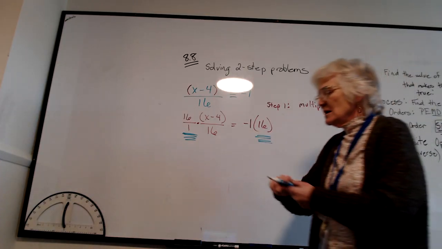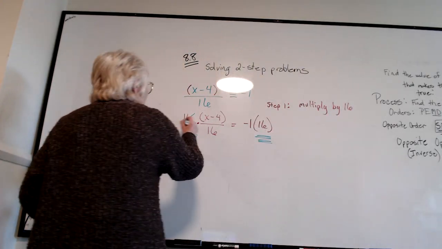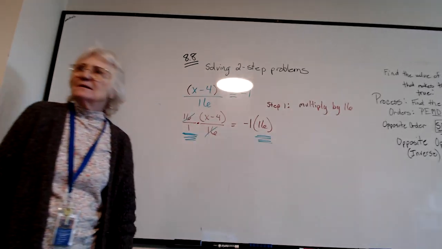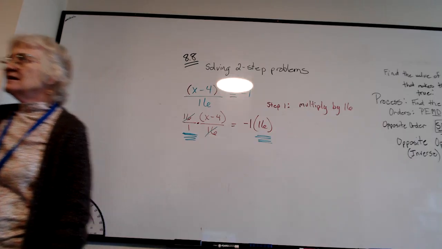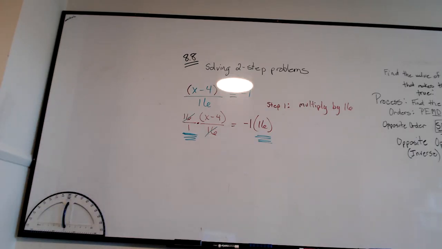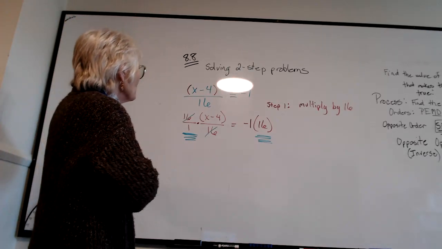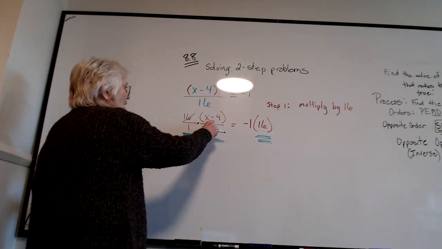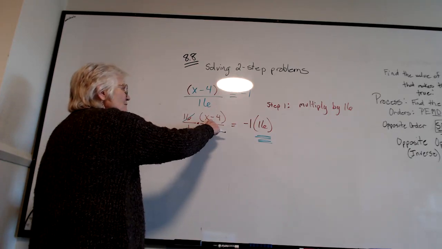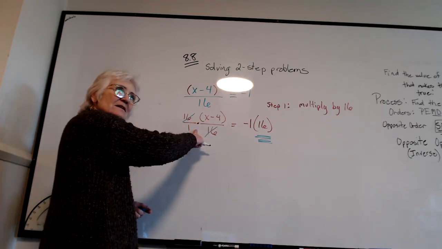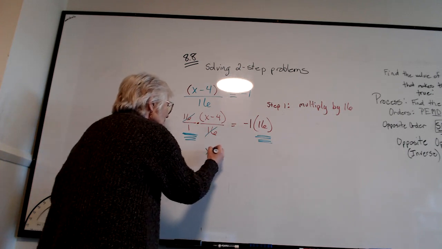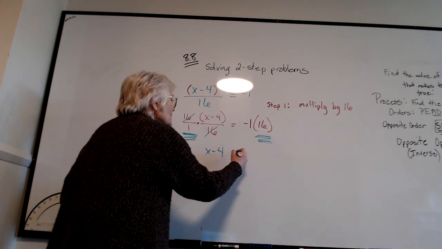So now I can see that these cancel, because 16 and 16 will reduce down to 1. So I'm going to go down below now and I'm going to rewrite what's left. I'm left with x minus 4 over 1, which is the same thing as x minus 4. Does everybody agree with that?